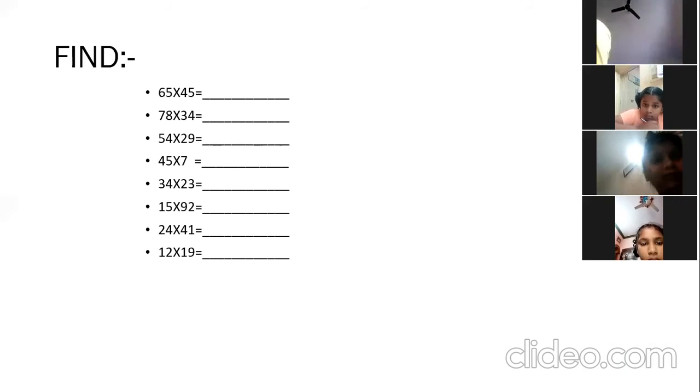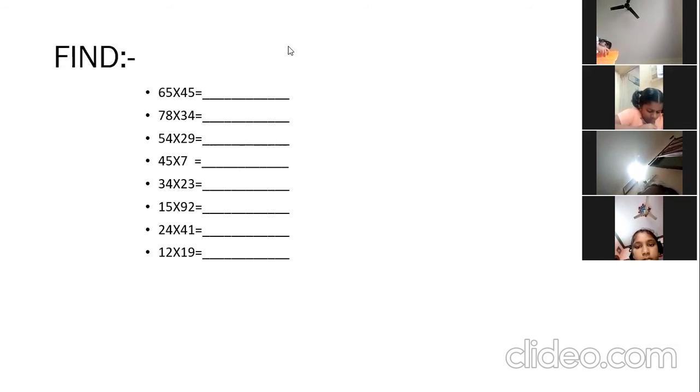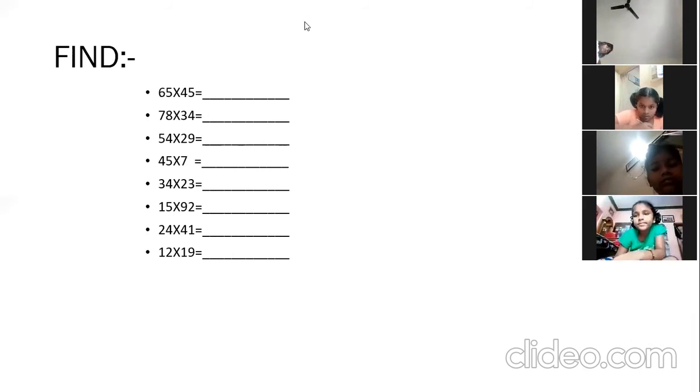Draw the table, multiply and give the answer. 65 into 45. Do it fast. Let me know the answer.